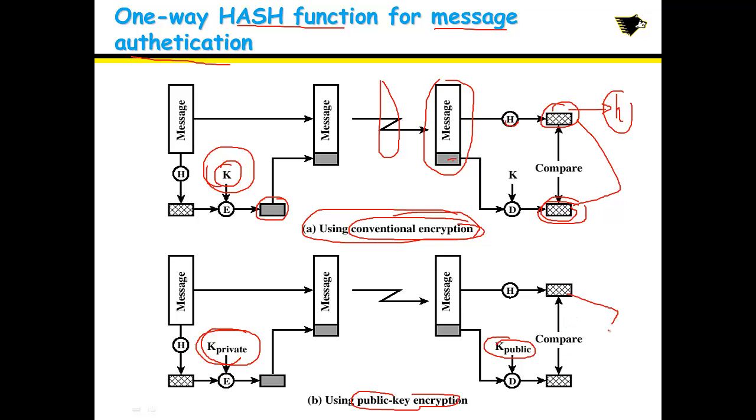We also need to compare this hash value, computed based on the message transmitted, with the one obtained from the transmitted encrypted hash value. If these two are the same, that means the attacker did not modify the message. If not equal to each other, that means this message was modified by the attacker.